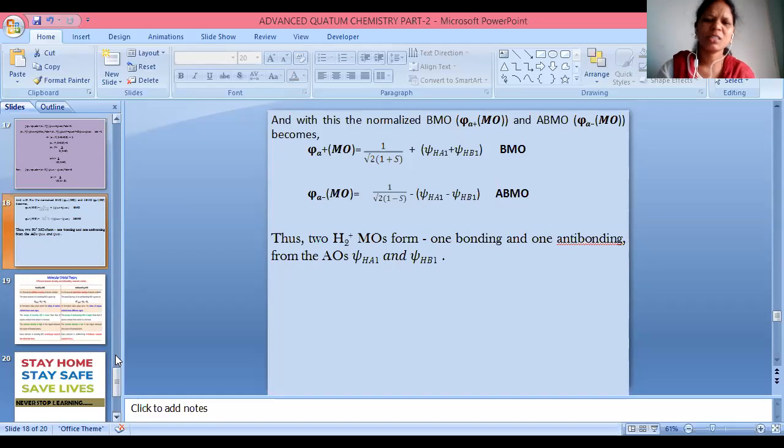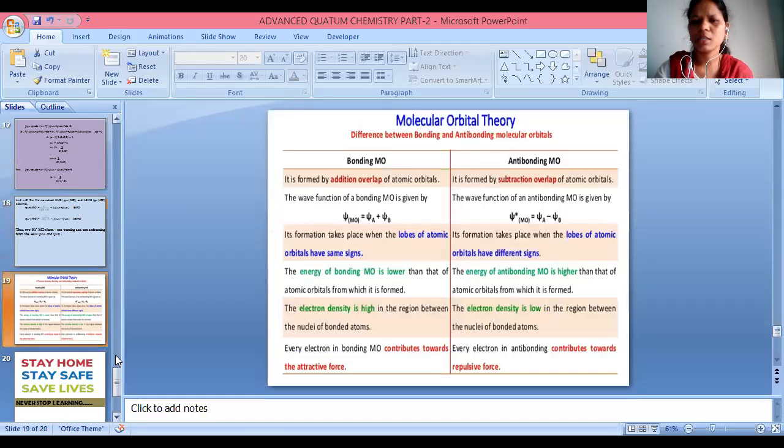The expression for bonding is 1 by square root of 2 into (1 plus S), psi Ha1 plus psi of Hb1. Similarly, anti-bonding is 1 by square root of 2 into (1 minus S), psi of Ha1 minus psi of Hb1. So these are the corresponding molecular orbital wave functions.